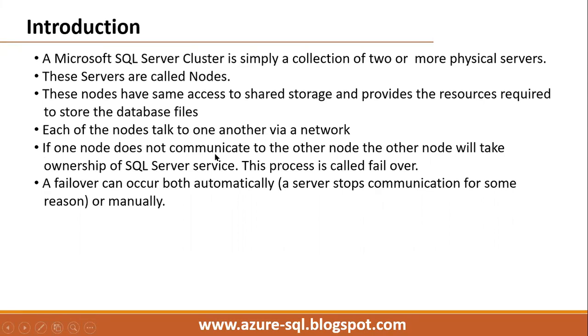If one node does not communicate with the other node, the other node will take ownership of the SQL Server service. This process is called failover. We have seen that in the active node if services are not running, in the passive node services are automatically started, which is the failover process.